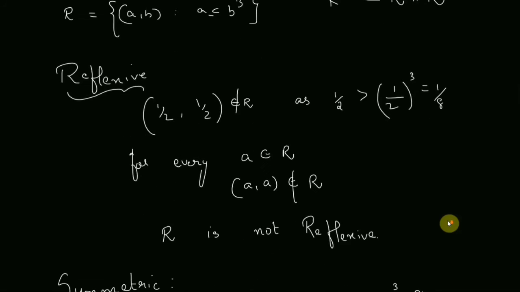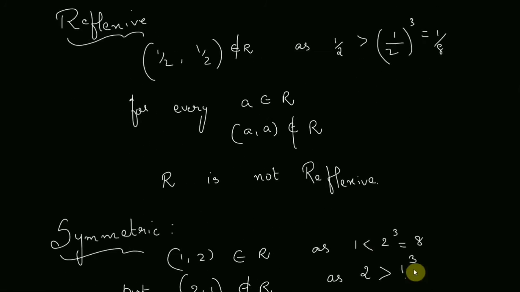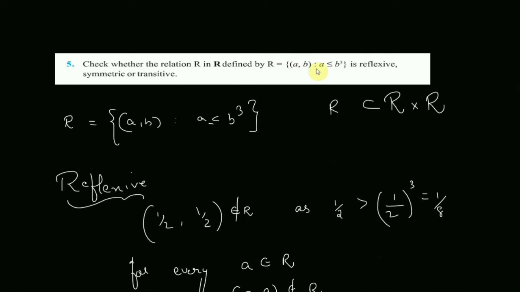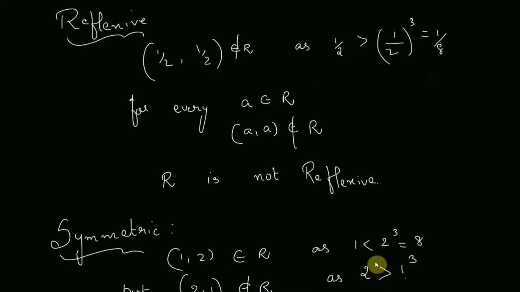Now we'll check whether it is symmetric. Let us take (1, 2) belongs to R. (1, 2) belongs to R because when you cube the second element, 2 cube is 8, and 1 is less than 8. The relation is (a, b) if a is less than or equal to b cube. 1 is less than 2 cube, 1 is less than 8.